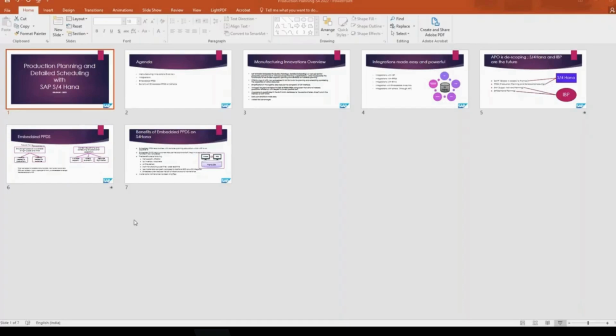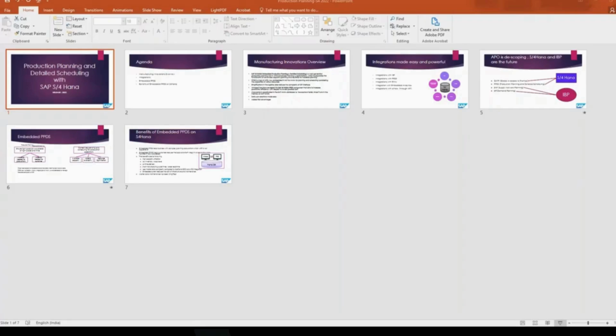Then they have a simplification list in the logistics area to reduce the complexity of the CIF interface. CIF is otherwise called the core interface. So what is a CIF? In earlier days, if you go back 5 to 10 years, we used to have the APO system separately and the ECC system separately.